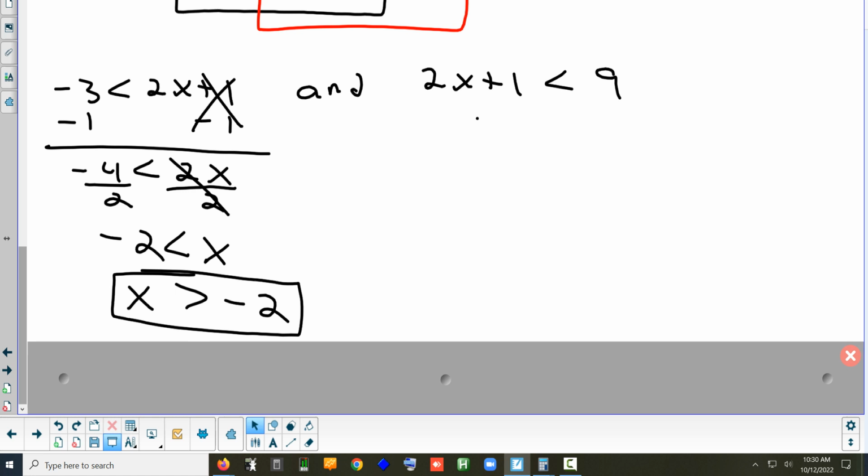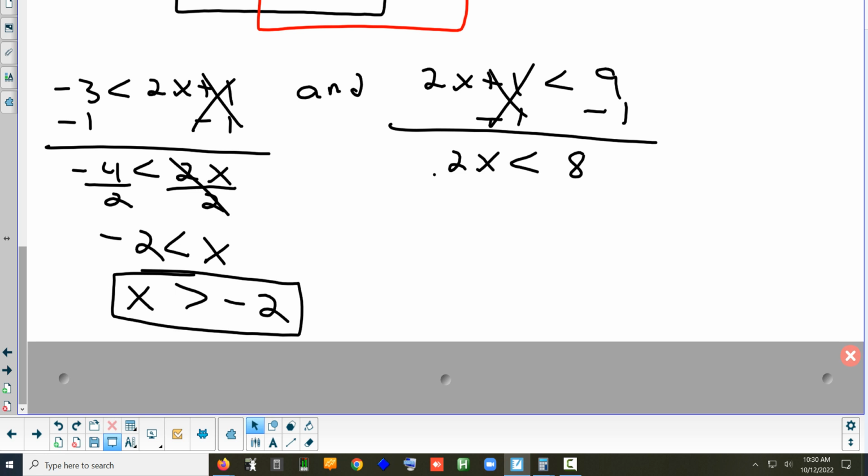Now do the same steps on this one. Minus the 1 from both sides. 9 minus 1, what does that give me? Yep. 8. And then same thing you did here.